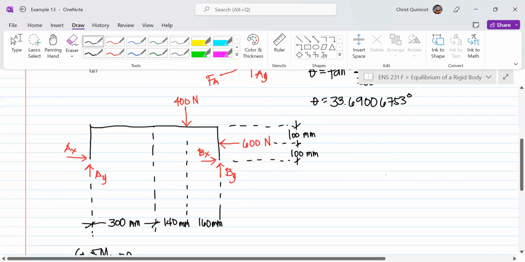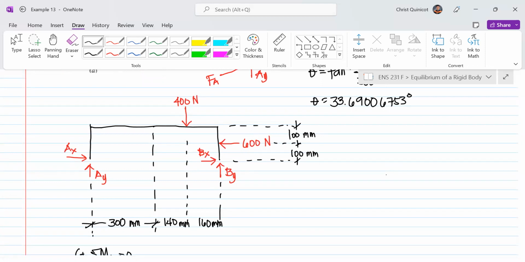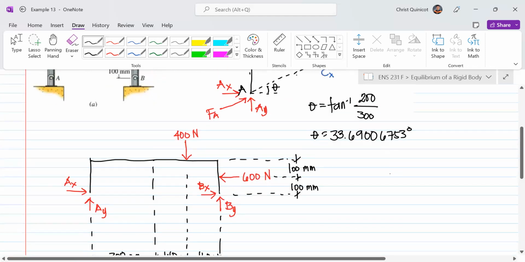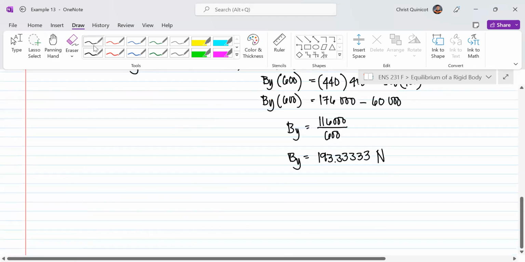Now, if we do summation of forces in the y, we can actually get our A sub y, right? Because we already have our B sub y. So we do summation of forces y is equal to 0, assuming upward positive.